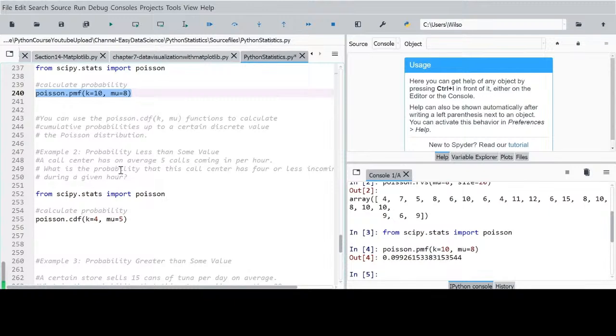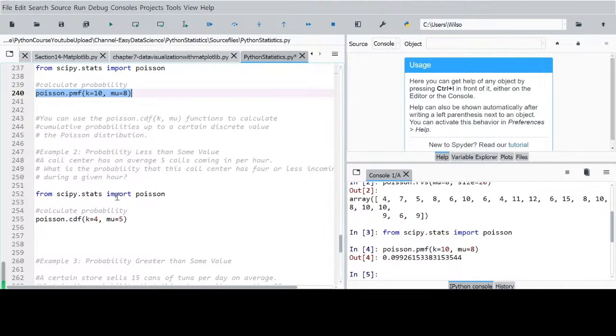So here, the given hour is the unit time, and this is the specific time we want to focus on. So this 5 is the mu, also lambda, because for 1 hour, 5 times 1 is also 5. So we can specify this 5 as the mu of this given hour, right?